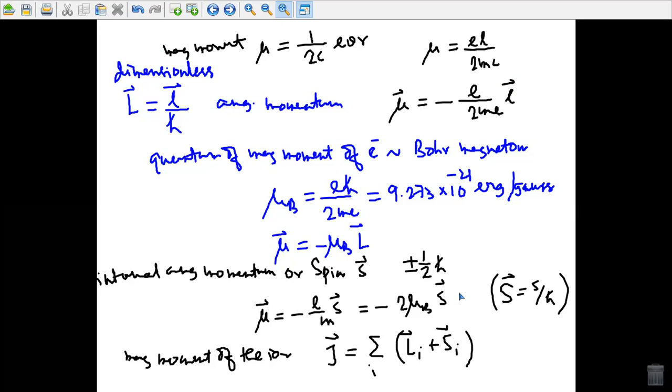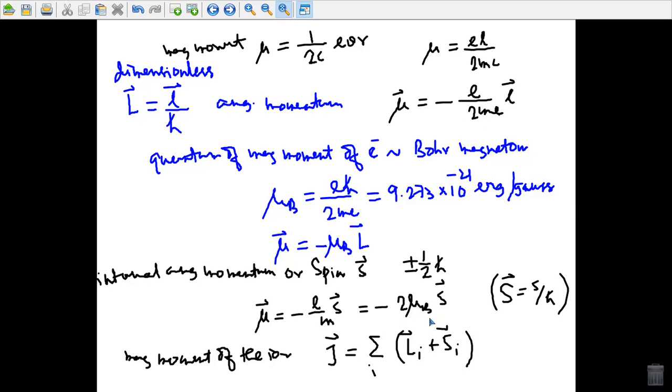So the total magnetic moment of a single electron is thus the sum of mu equals minus mu_B times L and mu equals minus twice mu_B times S. So one is this and another is this, right?